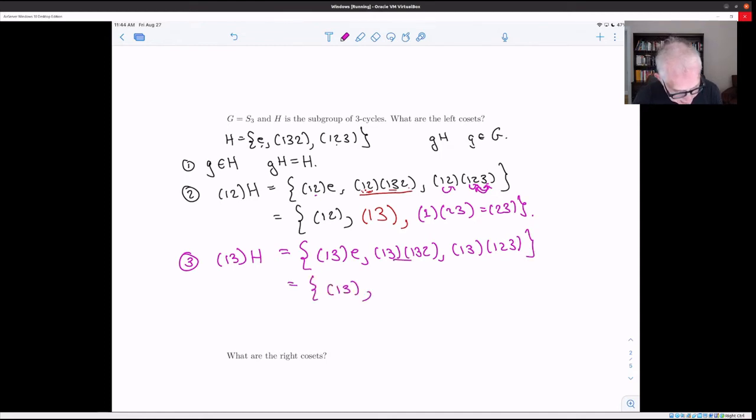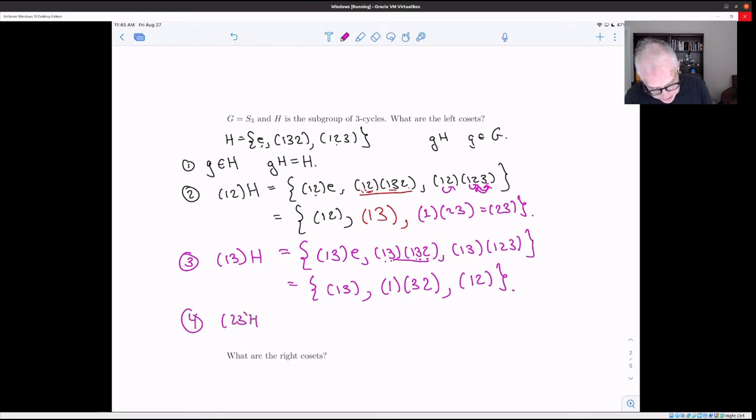Then this product here, we have 1 goes to 3, goes to 1, 3 goes to 2, and then 2 goes to 1, 1 goes to 3. So it's (1 3)(3 2), and if you do the last one, you'll see that it's (1 2). In other words, the other cosets, (1 2)H, (1 3)H, and (2 3)H, they're also the same. They're just the 3 transpositions.